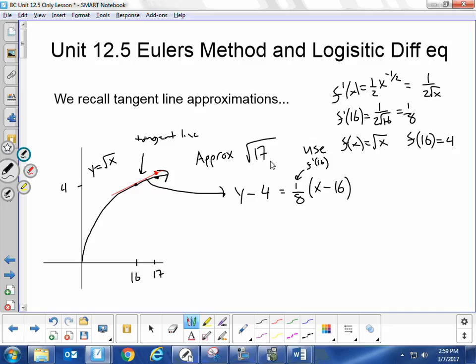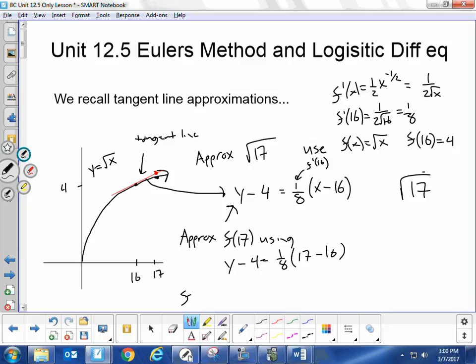Well, instead of trying to calculate the square root of 17, which I don't know, I can approximate f of 17 using this. Again, I'm approximating f of 17. The x value is 17. I plug in 17 to get the root of 17, but the x value is 17. So what I will do is I'll say y minus 4 is equal to 1/8 times 17 minus 16.